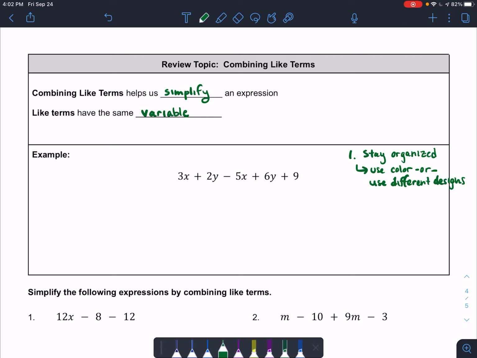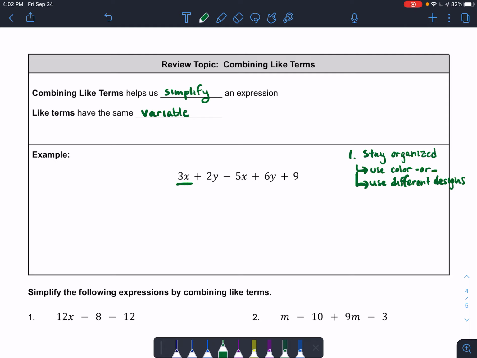What I'm going to say here, this 3x, this is my first term. I'm going to use a single underline. Now I know that any term that has an x in it, the variable x, I am going to also use my green single underline.